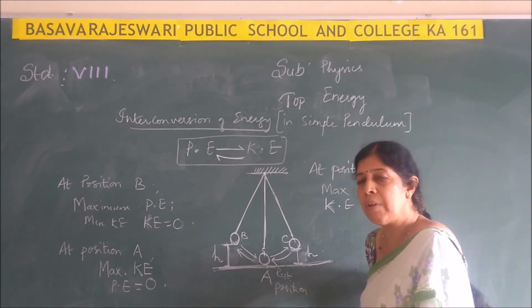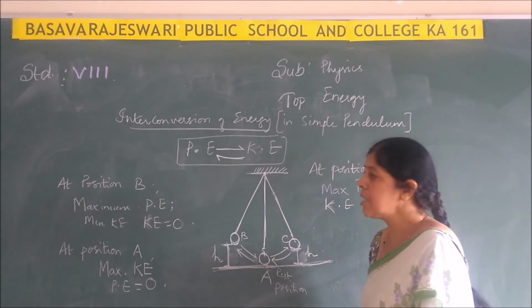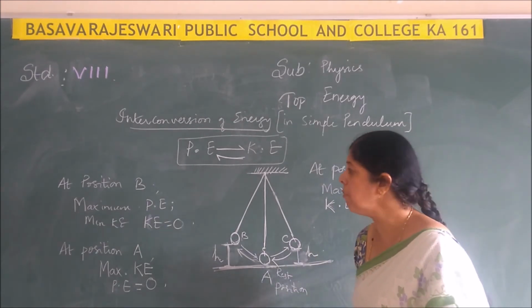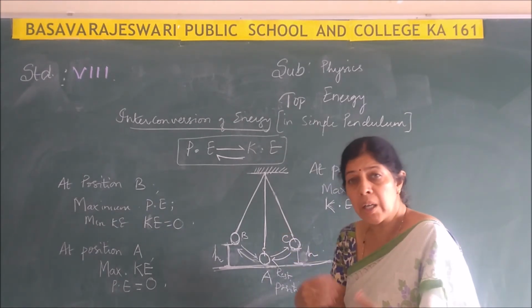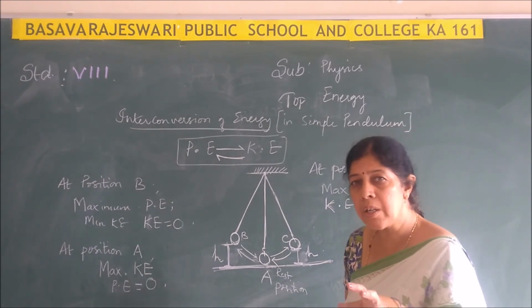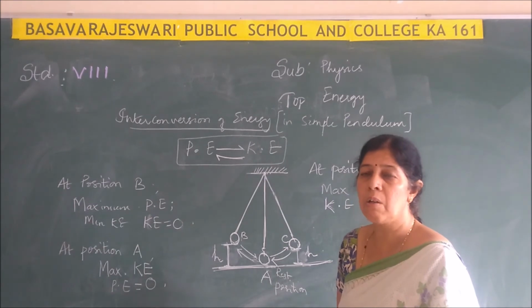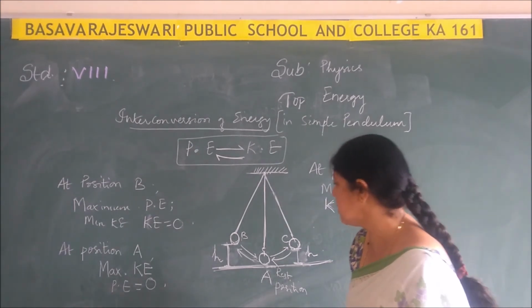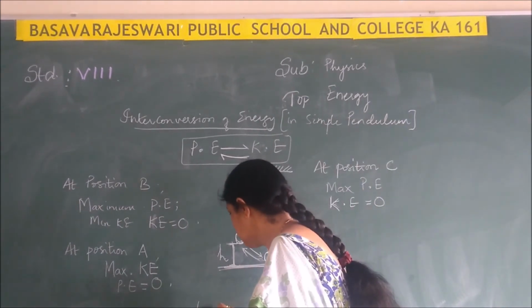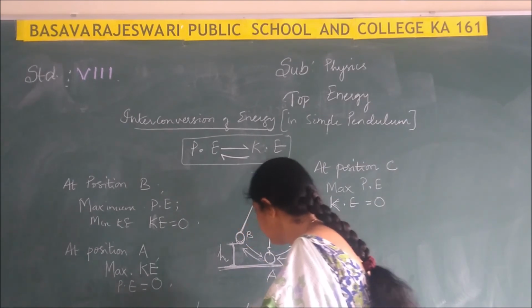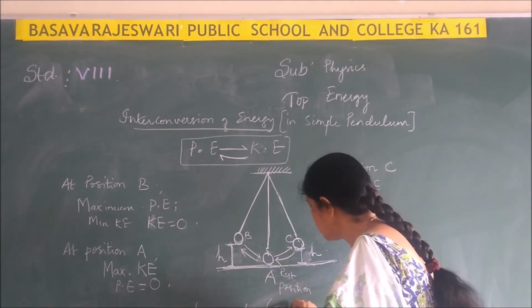So you can just convert the energy from one form to the other. You cannot create any new energy nor destroy the existing energy, and that is called the law of conservation of energy.